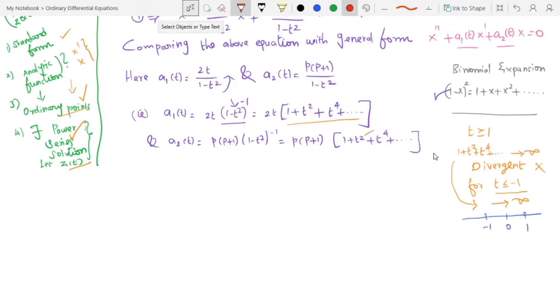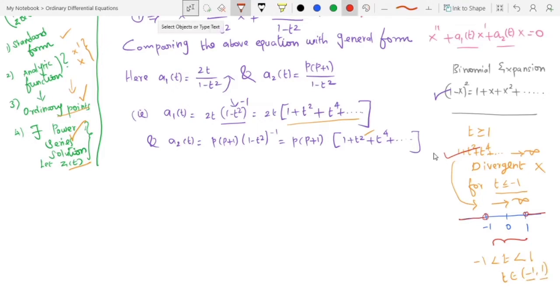That is, for t equal to 1 and above 1, and also t equal to minus 1 and below minus 1, the given infinite series is divergent. So we have to consider values in between minus 1 and plus 1. That is, t belongs to the open interval minus 1 comma 1, excluding both the values.